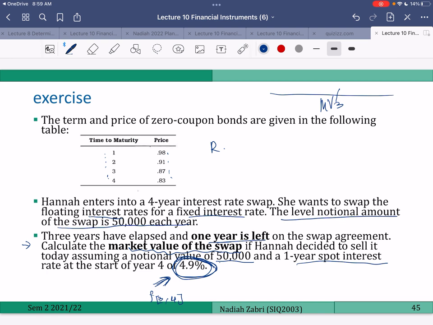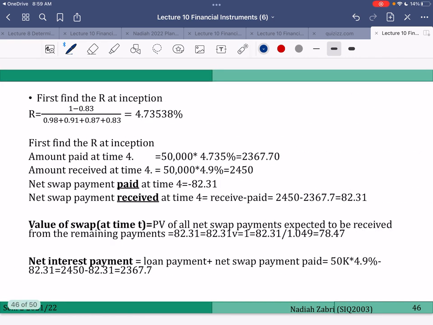So first, we need to determine the R. R was not given, so we need to determine the R by using the simpler formula, 1 minus P Tn over the sum of all P Ti.